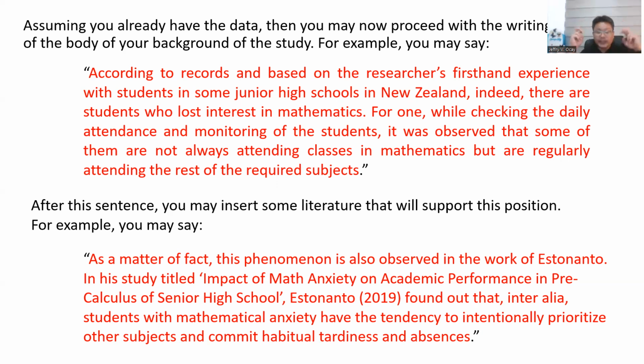He is an authority in the field. So no one will question Istonanto. And since no one will question Istonanto on mathematical anxiety, and since you cite him in your work, then we're safe. Okay?